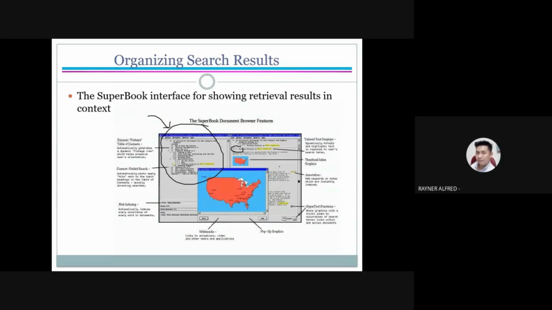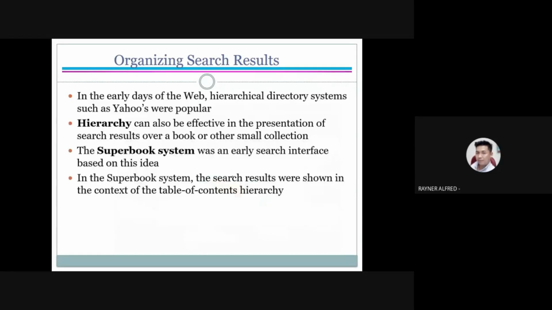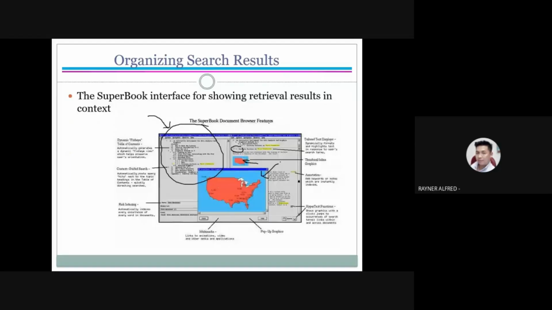And if you click on the image, it will also give you the photo. So this is hierarchical. Hierarchy can also be effective in the presentation of such results. Superbook is one of them, last time.